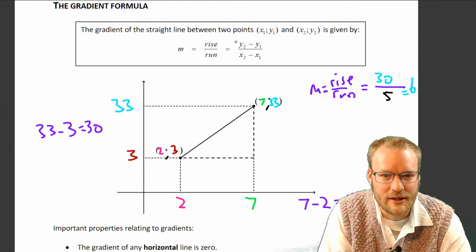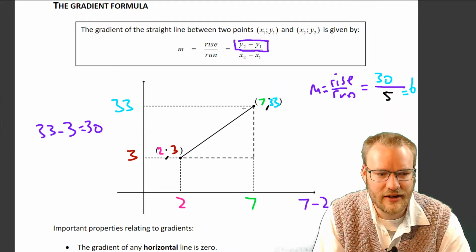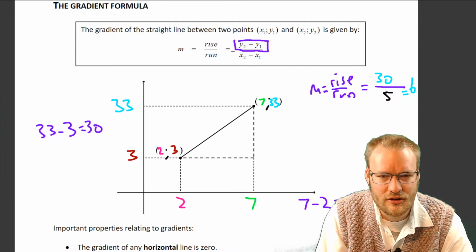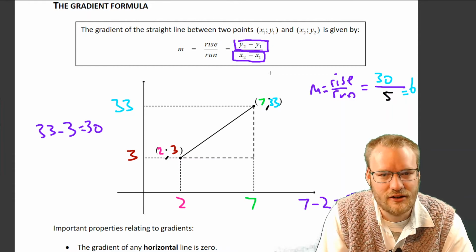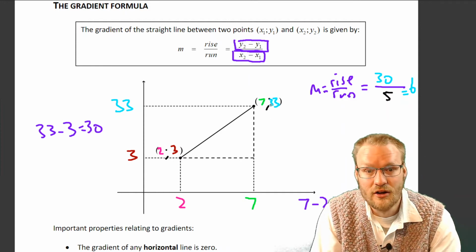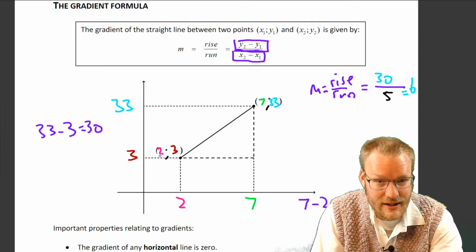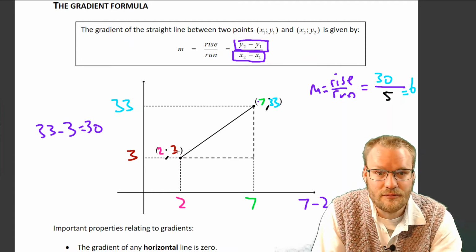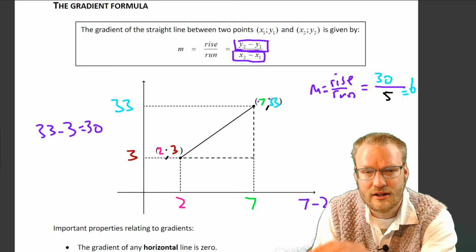So that's what we mean by y2 minus y1. And for the x values, we just said 7 minus 2, so we subtracted the one x value from the other. Doesn't matter which way around you do it, as long as you're going the one point minus the other point. So you can go 7 minus 2 and 33 minus 3. But don't go 7 minus 2 and 3 minus 33.